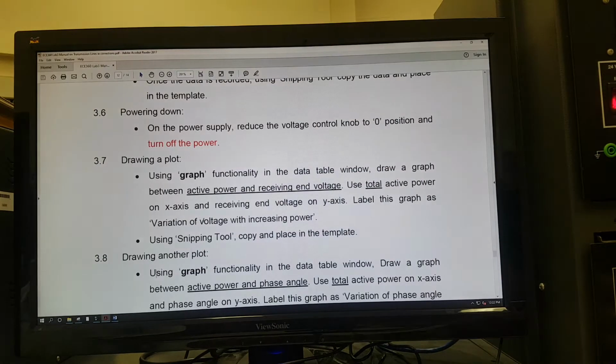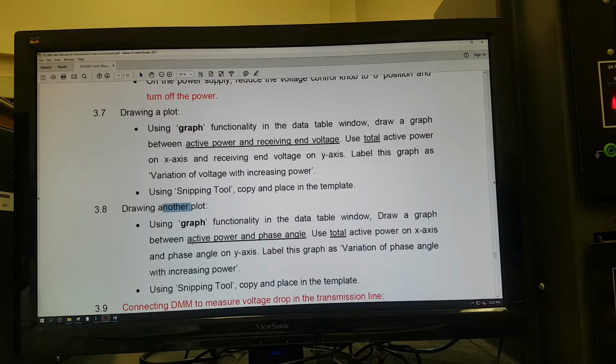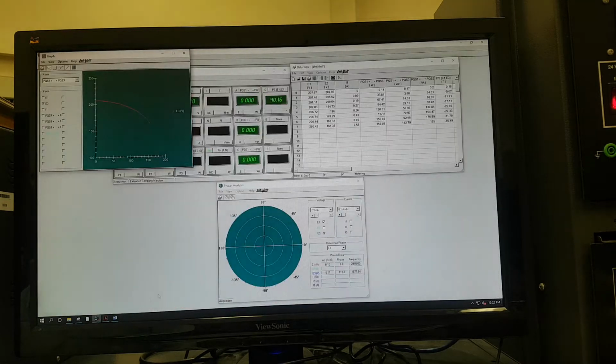The next one is drawing another plot. So active power and angle we will be measuring. How they are related, we will see here. So instead of voltage, we'll see the angle here.